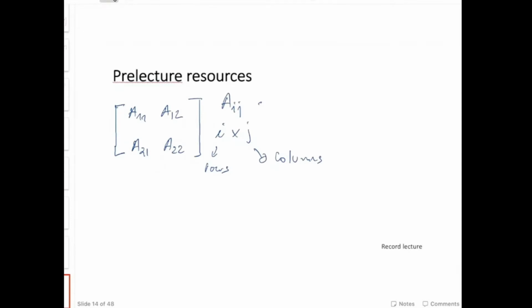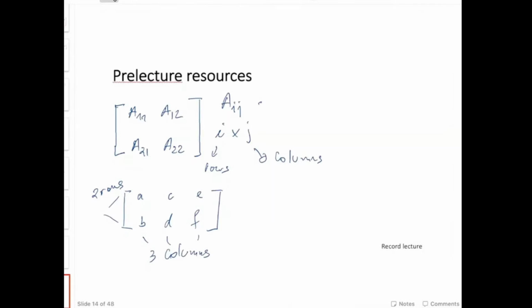For example, if I have a matrix given as A, B, C, D, E, F, the matrix has 2 rows and 3 columns.